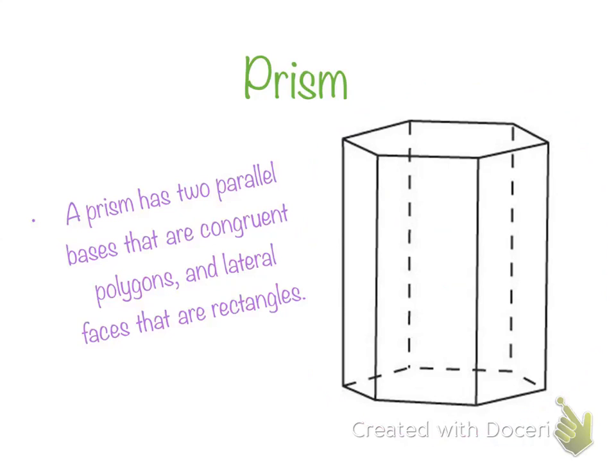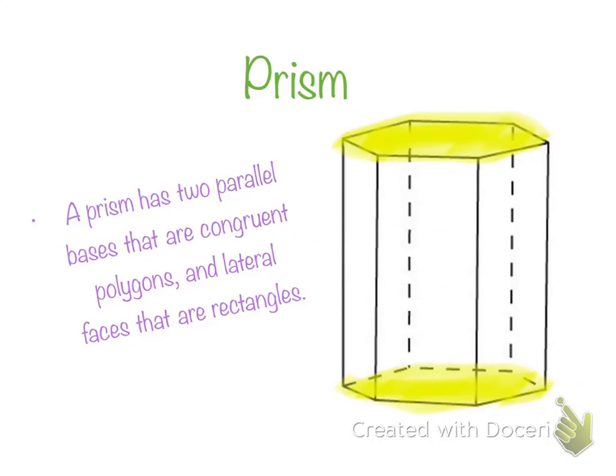So go ahead and begin filling in the definition for a prism. So a prism has two parallel bases that are congruent polygons. So here are our bases. This down here is a base, and then this top piece is going to be not only parallel but also congruent, meaning that it's going to be pretty much exactly the same as the one on the bottom.